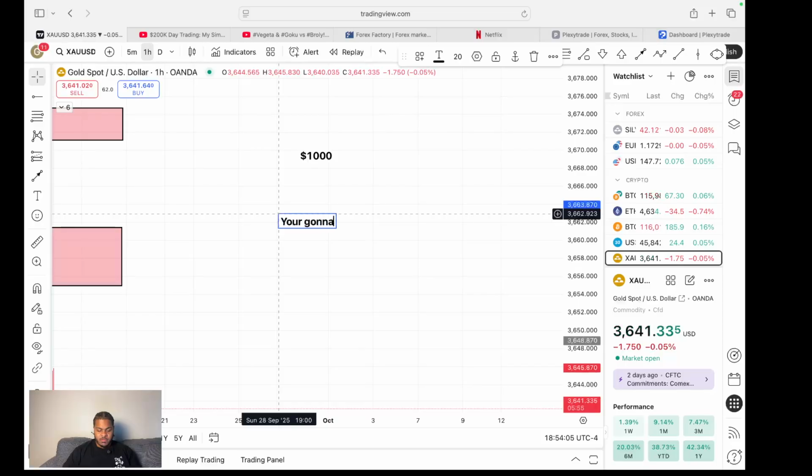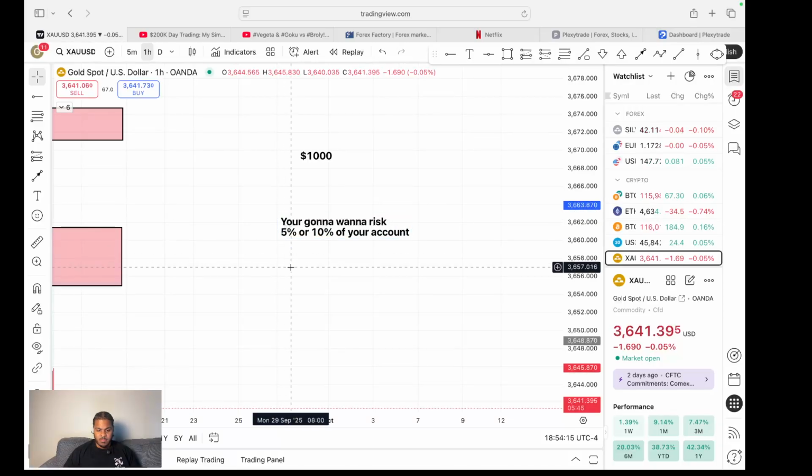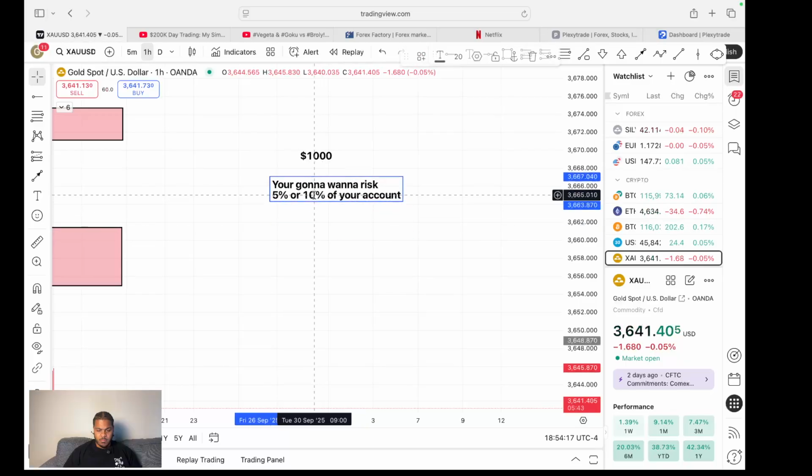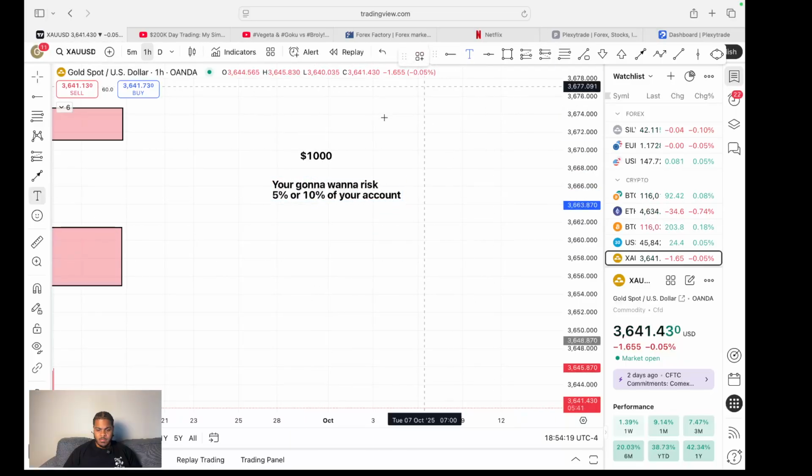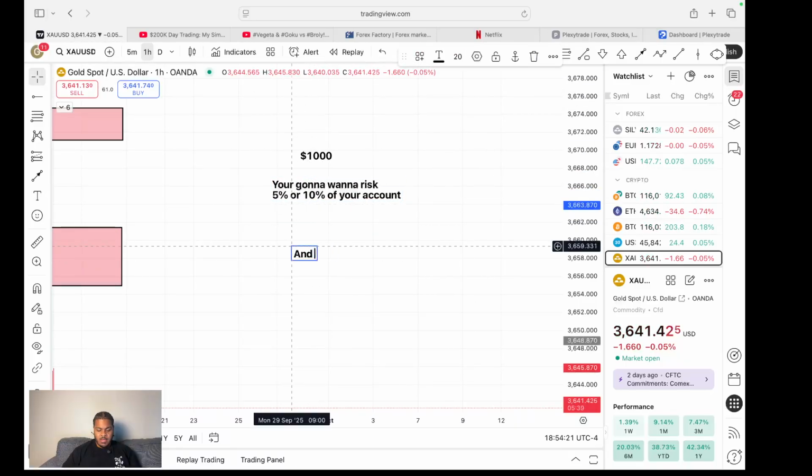You're gonna want to risk 5% or 10% of your account, and aim for a 1 to 5 or 1 to 10 risk to reward.